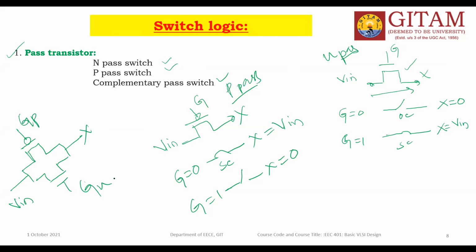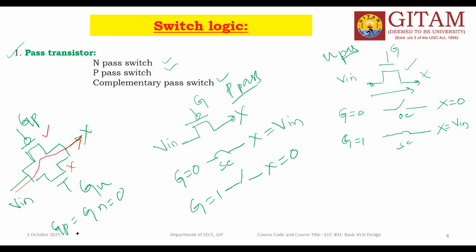Okay. So whenever GP is equal to GN is equal to 0, for 0 gate potential, what happens? PMOS is on, and NMOS is off. This is off and this is on. So the signal is passing in this direction.